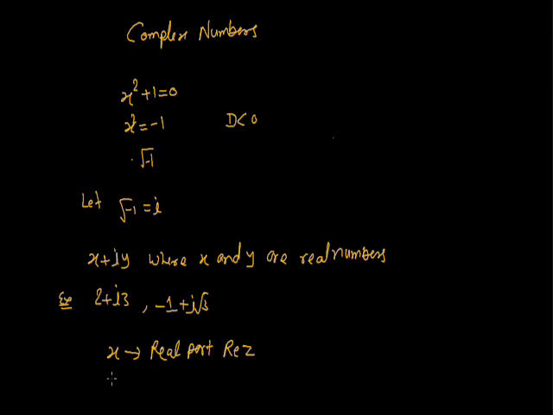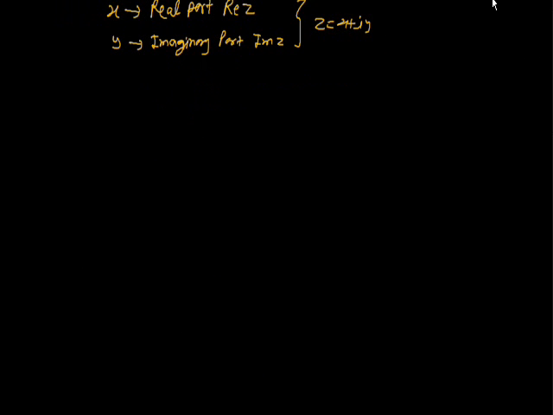Similarly, y is the imaginary part, or we can write it as Im z. So here z is equal to x plus iota y, and x is the real part and y is the imaginary part of z.